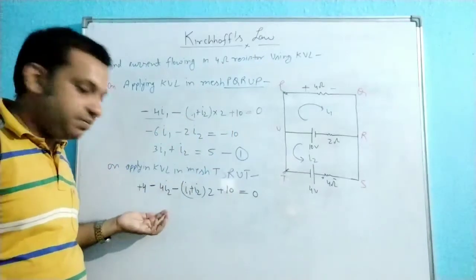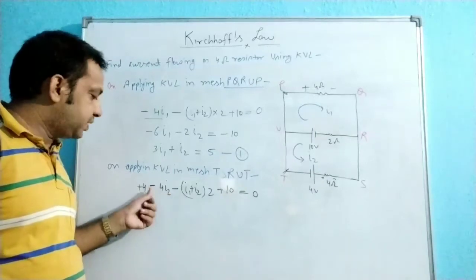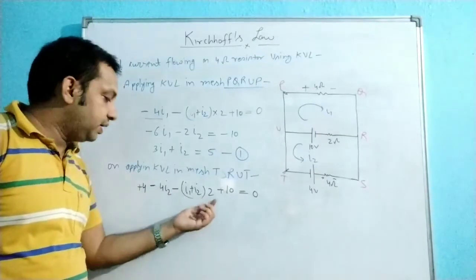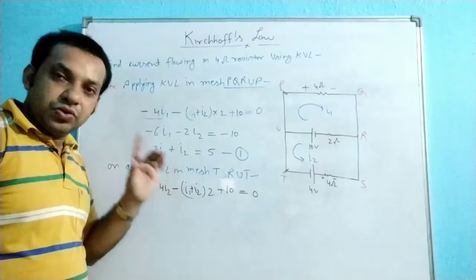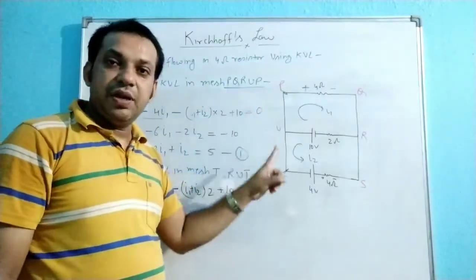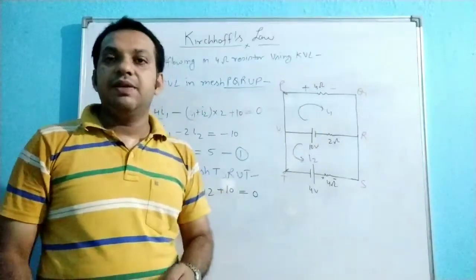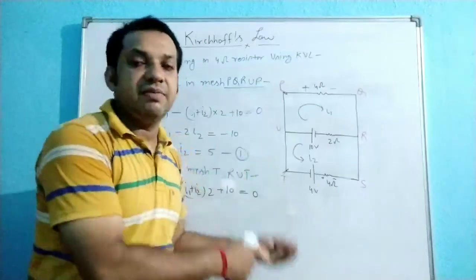Similarly, see here in the second mesh, 4 into I2, there is a minus sign. Again there is an I into R, there is a minus sign. So whenever you are taking the mesh in the direction of the assumed current, every time whenever there is an I into R, the minus sign is before that.